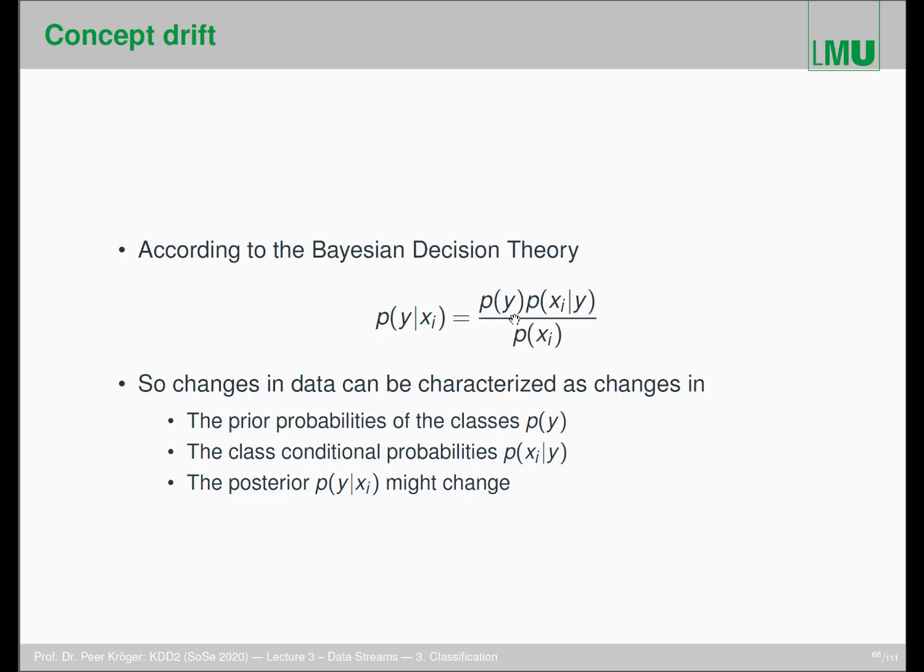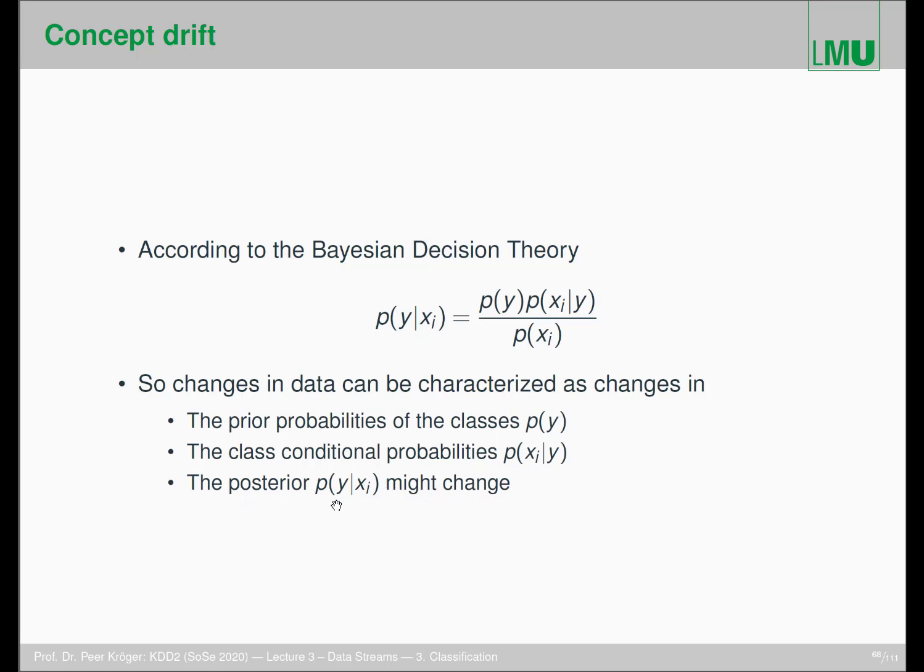And changes, concept drifts, changes in the data can have impact on basically all those three things here, leading to different posterior probabilities, which we are interested in to take the decision. So the prior probabilities of the classes may change. We'll have a look at that on the next slide. The class conditional probabilities may change. So the probability that I observe something for a given class y can change, and also as a consequence the decision-relevant probability that I take y given an observation x, the posterior probability, may also change.